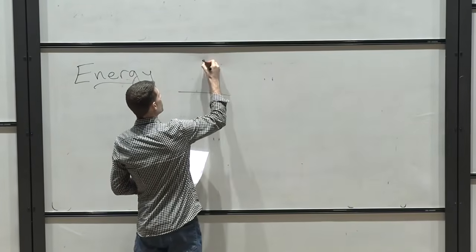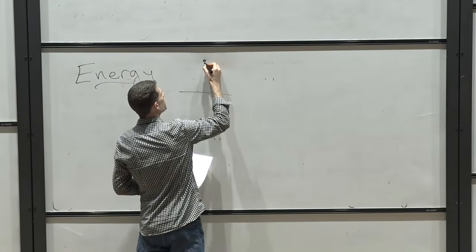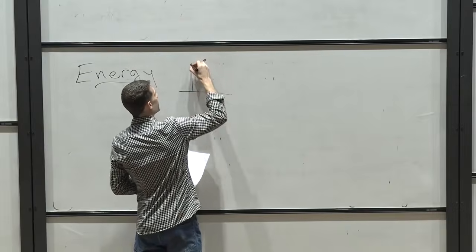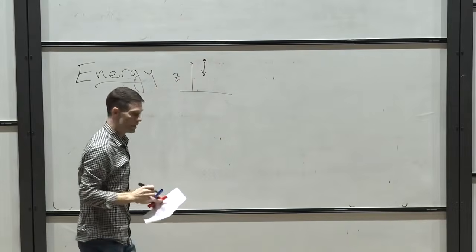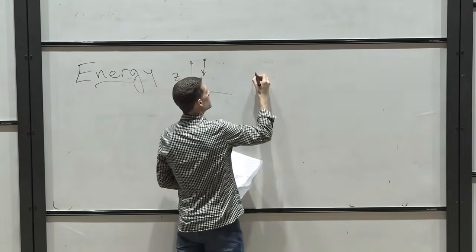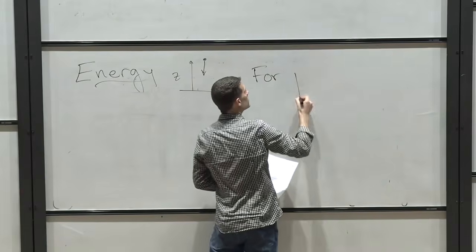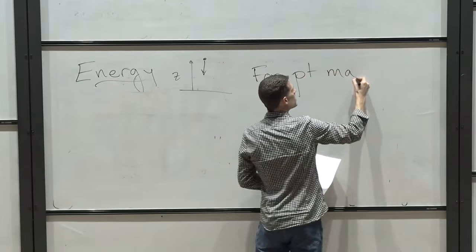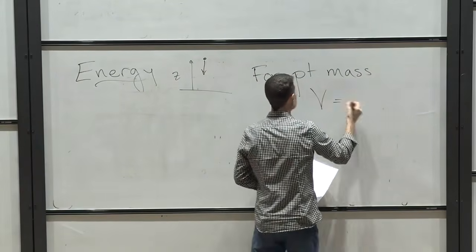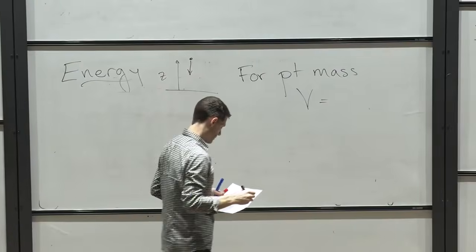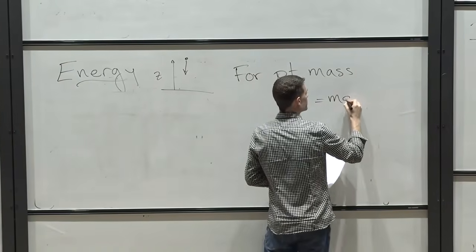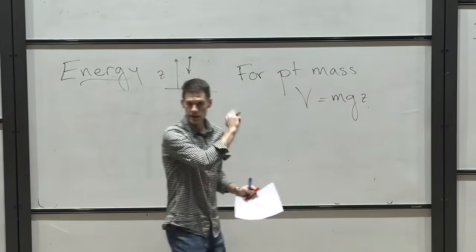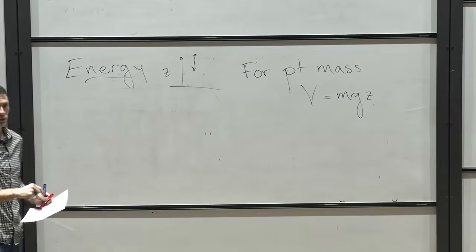And if you recall, if I have a point mass under gravity at height z, the potential energy is just the mass times gravitational acceleration times z, at least in this uniform gravitational field.